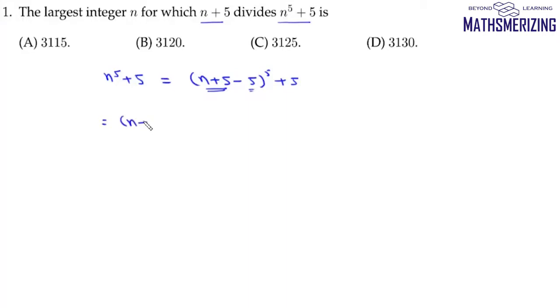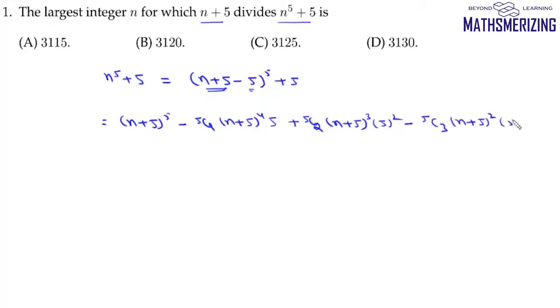We can write this as (n plus 5) to the power 5 minus 5C1 (n plus 5) to the power 4 into 5, plus 5C2 (n plus 5) cube 5 square, minus 5C3 (n plus 5) square into 5 cube, plus 5C4 (n plus 5) into 5 to the power 4, and minus 5 to the power 5, and then we have this plus 5 additionally.